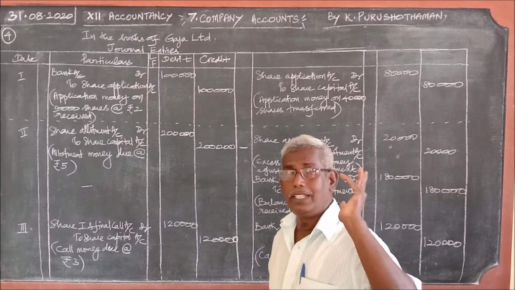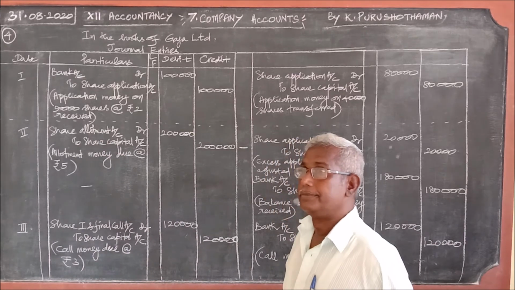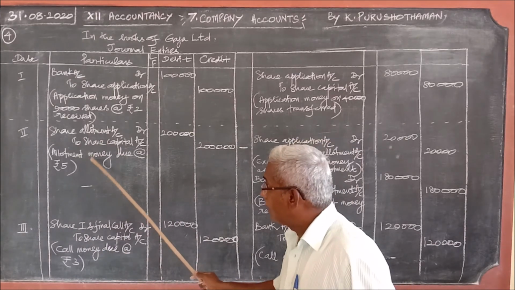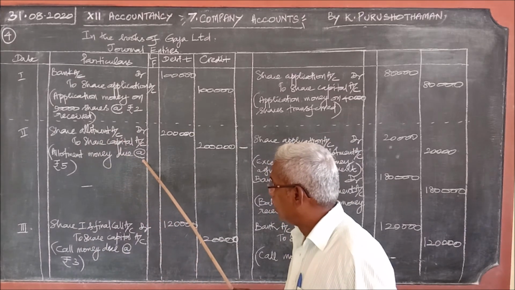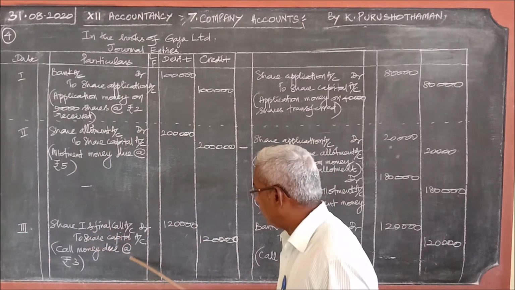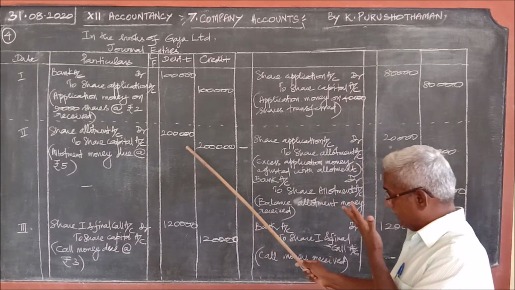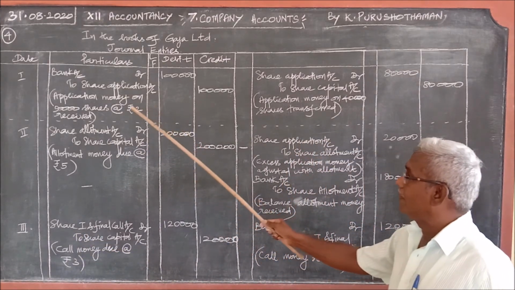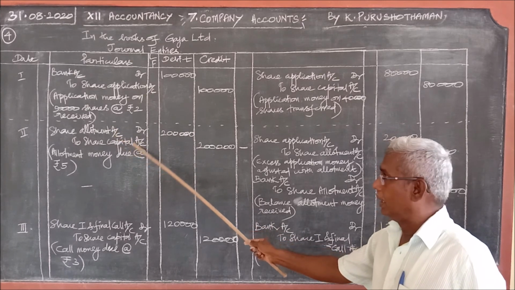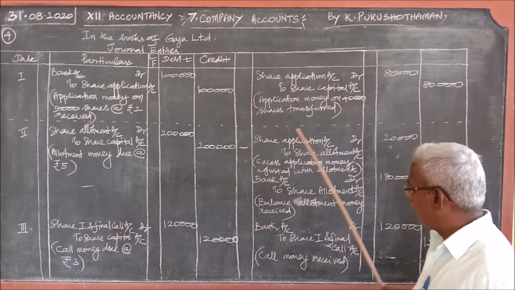For that purpose only the journal entry is given here. So that is why the narration is given, allotment money due at the rate of whatever the amount given in the problem. Here, call money due at the rate of. And after seeing this letter sent to the shareholder, the shareholder will pay the amount.